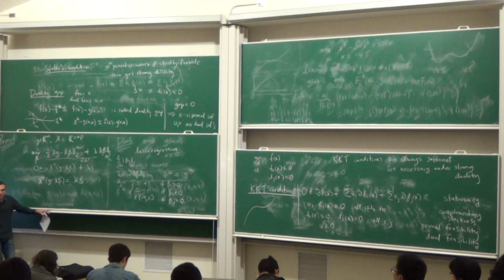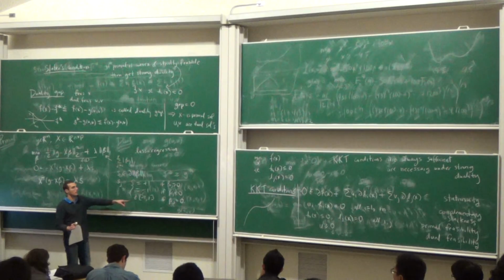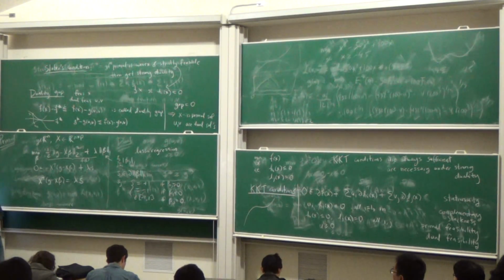So if I can find a vector beta that satisfies this, I have a lasso solution, where s is the sign of beta when it's non-zero, and otherwise it's anything between minus 1 and 1. Now, I can't find this analytically. If I could, then a whole bunch of literature on computing the lasso solution would be useless.